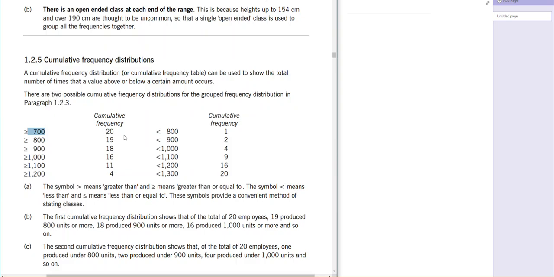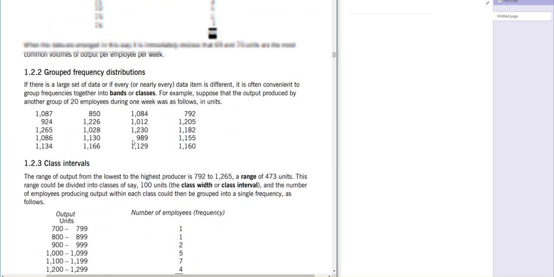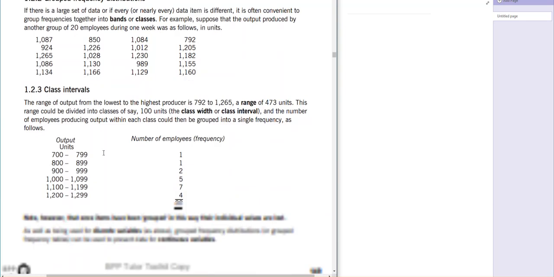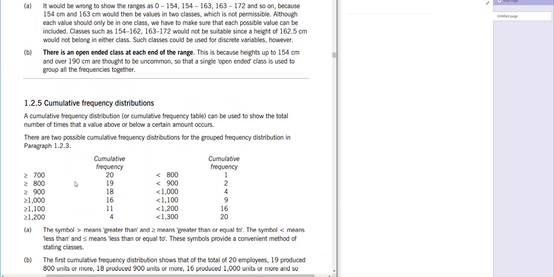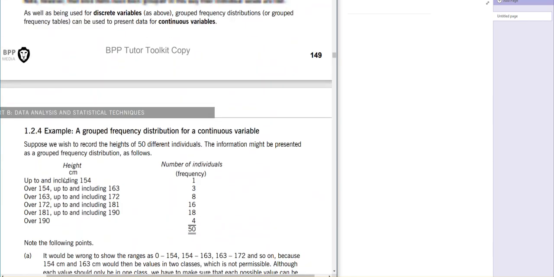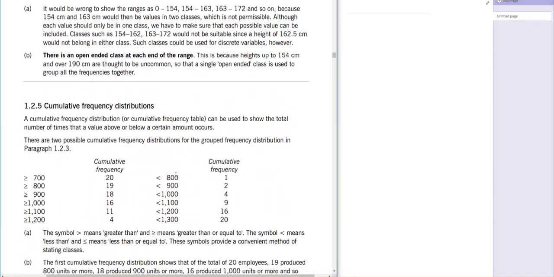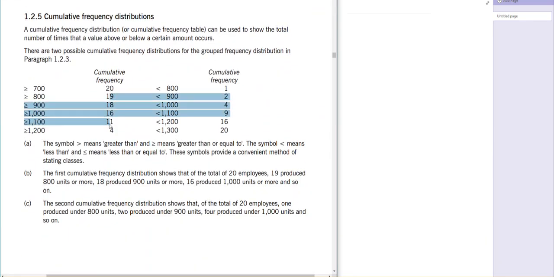Equal to or above 700, because all the data we have is above 700. And then equal to or above 800, we have 19, because we have some data which is 792 as well, which would be below. So this cumulative frequency decreases.